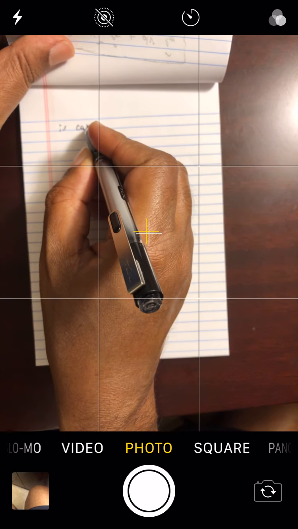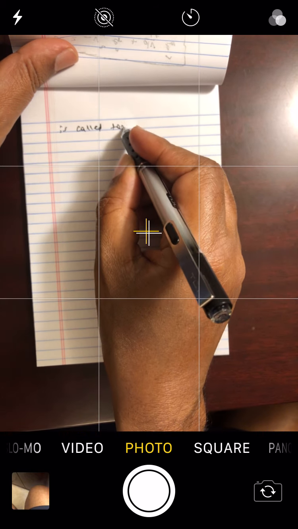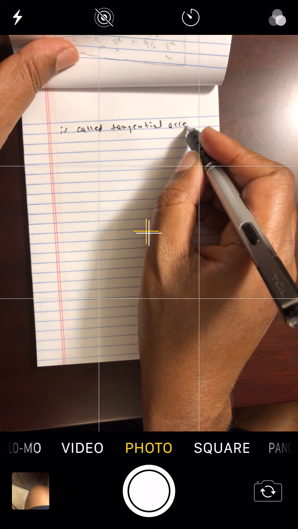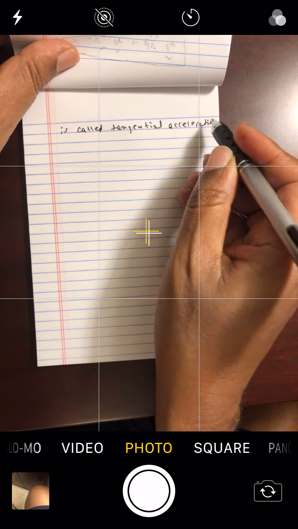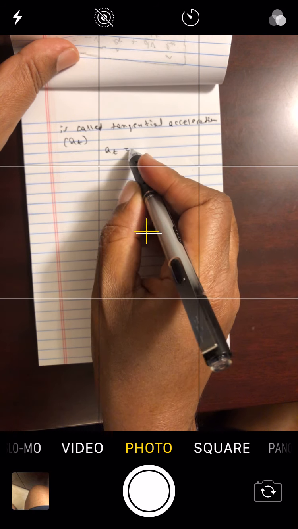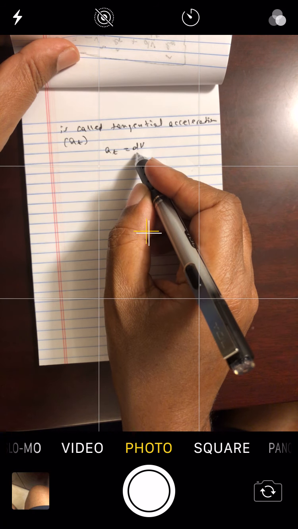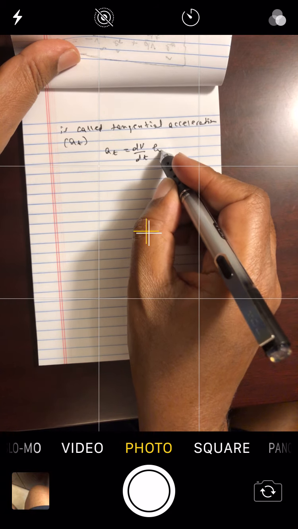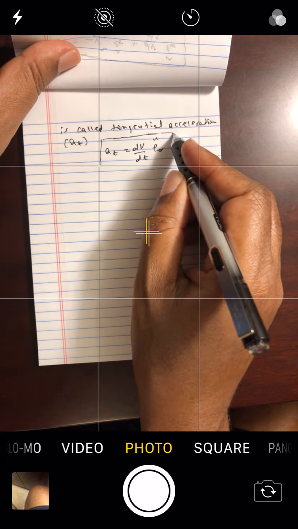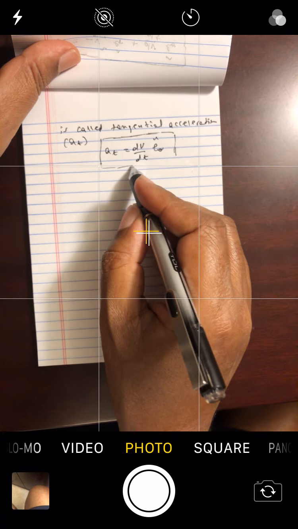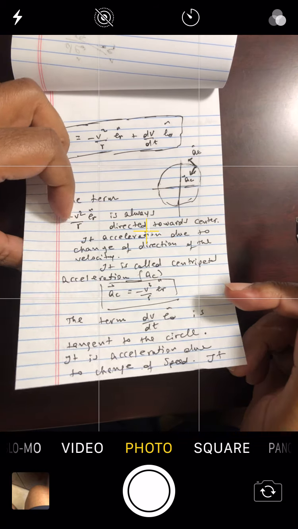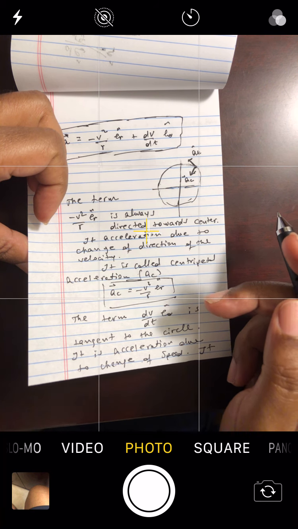So if we use AT for tangential acceleration, we can say AT is the derivative of the speed with respect to time in the direction of e theta. So the acceleration has two components: a component towards the center called centripetal acceleration, and an acceleration tangent to the circle called tangential acceleration.